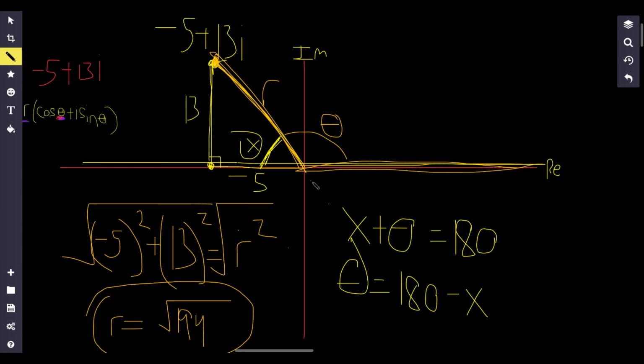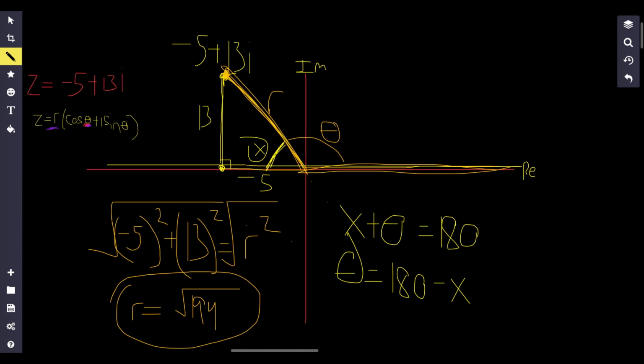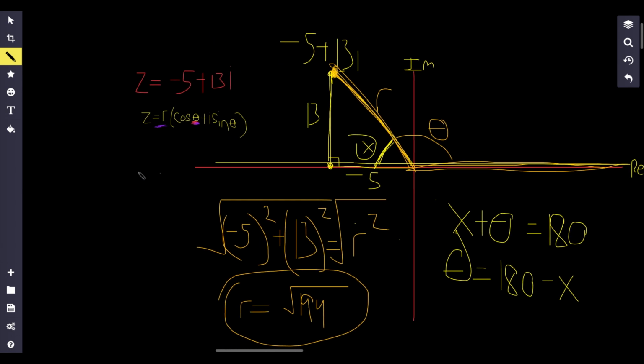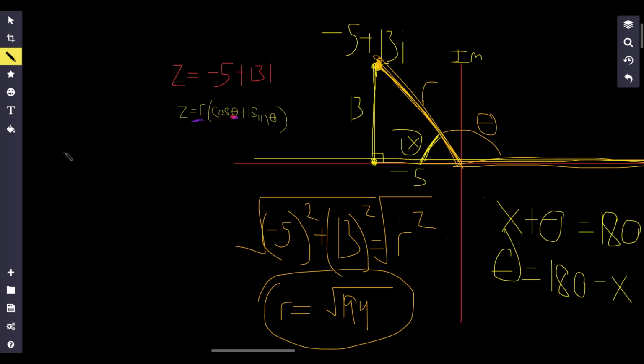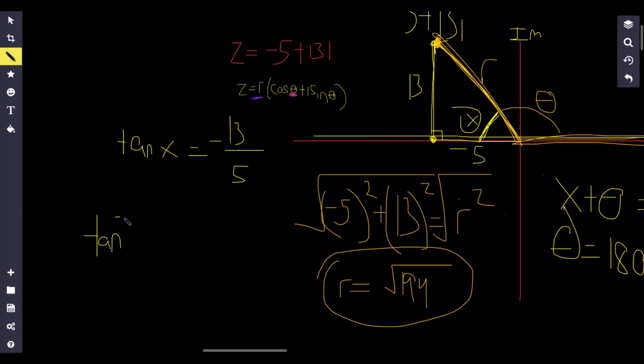But the thing is that it's actually not so simple, and I'm going to show you why. So I'm just going to use the same method as I did before. If I know that tangent of my angle x in the right triangle is equal to 13 over -5, then if I take inverse tangent of both sides, I get that my angle is equal to inverse tan of -13 over 5.